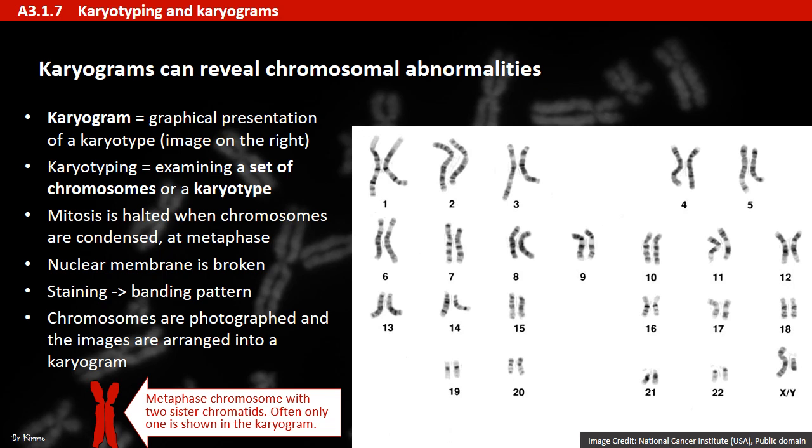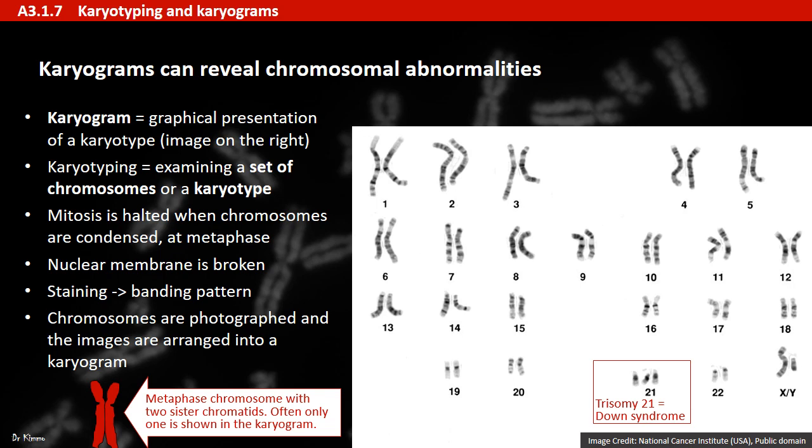And a reason why a scientist would do this kind of karyogram would be to find out, for example, whether a person has trisomy. Trisomy 21 is when a person has 3 copies of chromosome 21, and that leads to Down syndrome.